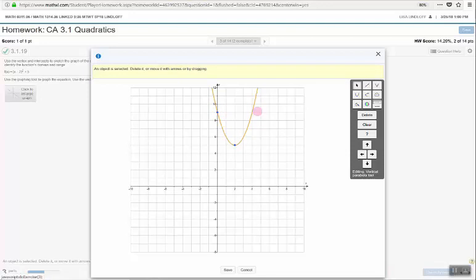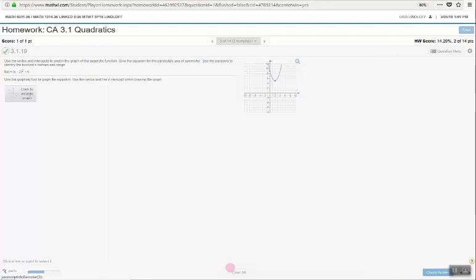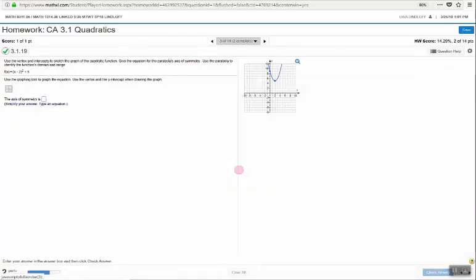The only thing I didn't show you in writing right now was me getting this 9. What I did was x was 0, so it was negative 2 squared, which is 4, and 4 and 5 is 9. Okay, so I have that. Check that answer. Yes. Everything else is tiny. Axis of symmetry, it will be x equals 2.